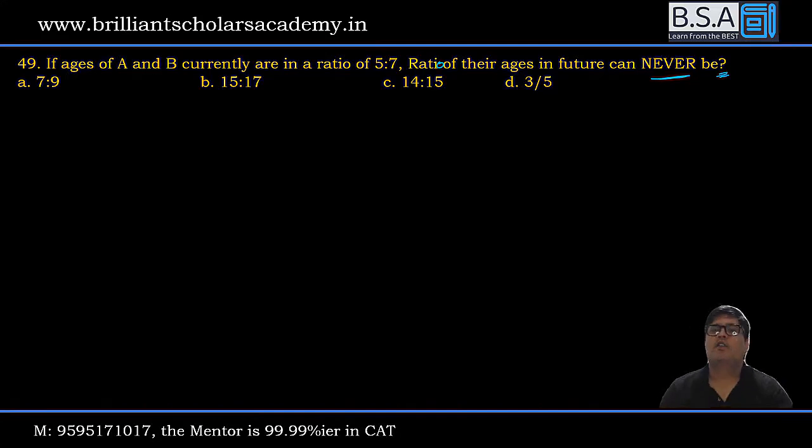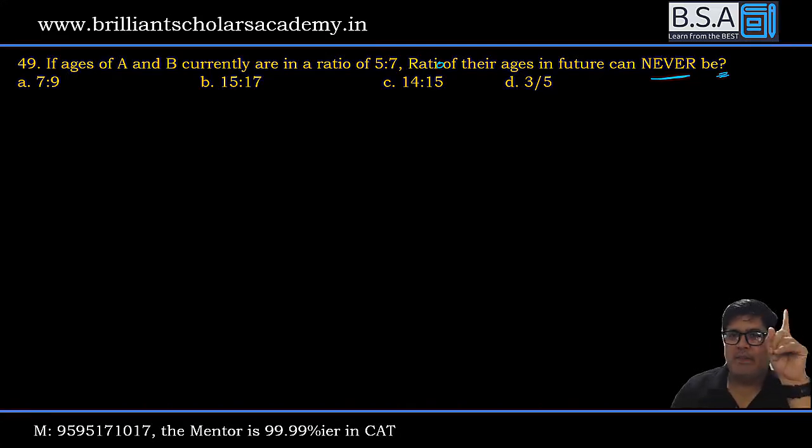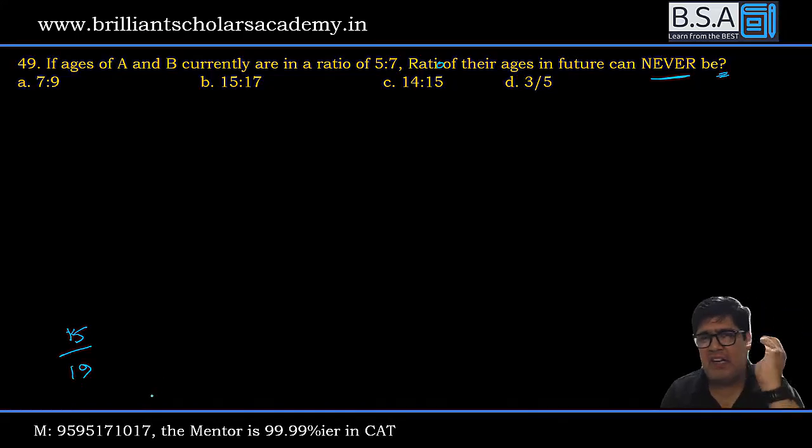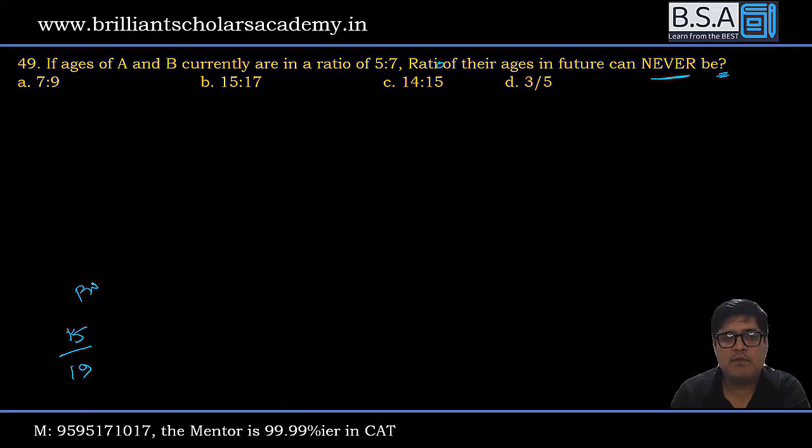Chalo. So I will take you further to the basics one more time. Remember ratios. If I take any random set of numbers, let us say 15 upon 19, that is a proper ratio.